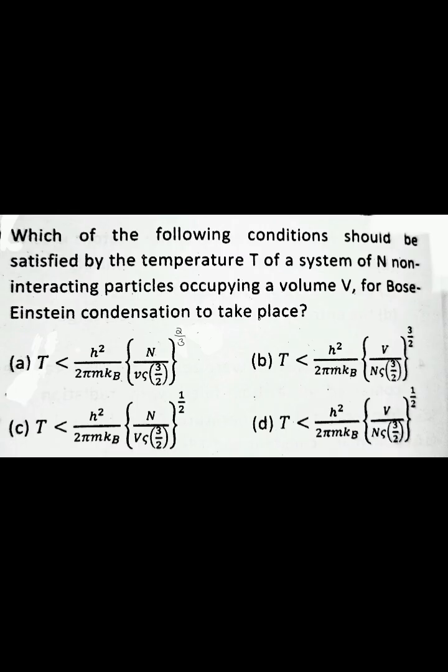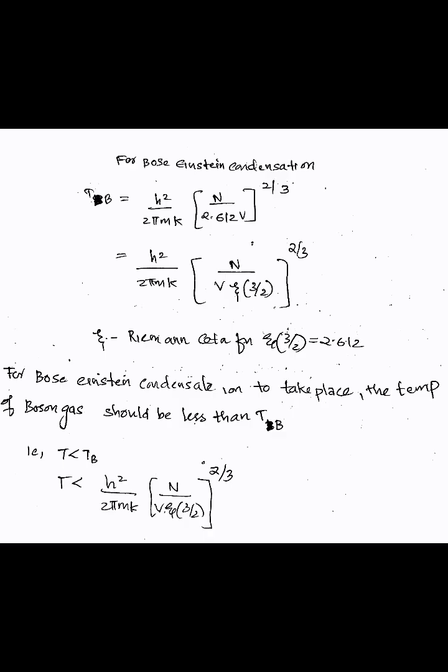The next question is, which of the following conditions should be satisfied by the temperature T of a system of N non-interacting particles occupying a volume V for Bose-Einstein condensation to take place? For Bose-Einstein condensation, temperature Tc is equal to h square divided by 2 pi m k into N divided by 2.612 V the whole raised to 2 by 3, and this is equal to h square divided by 2 pi m k into N by V Riemann zeta function of 3 by 2 the whole raised to 2 by 3.